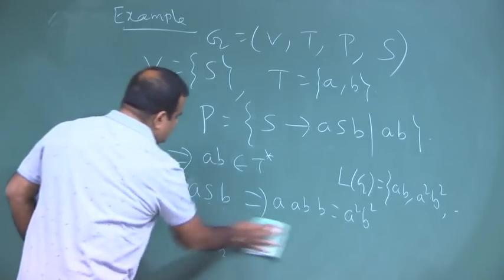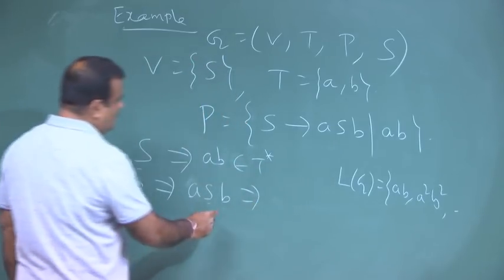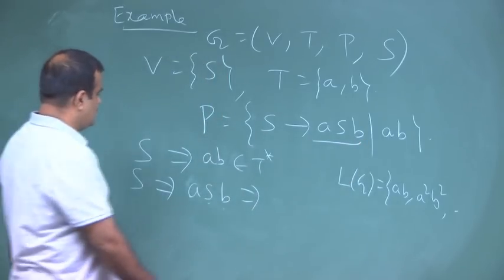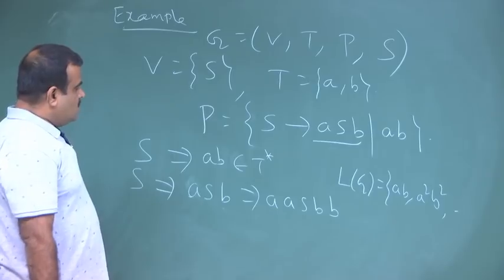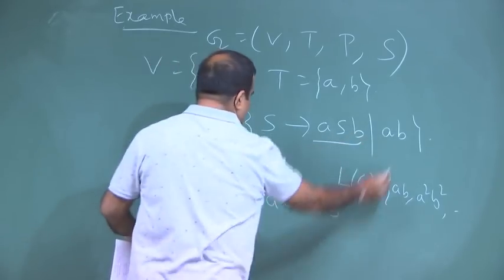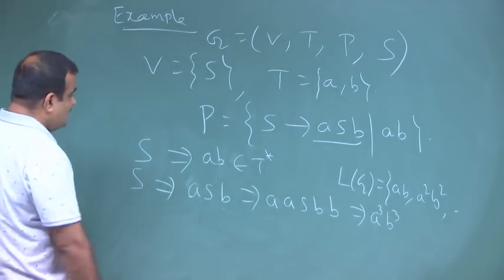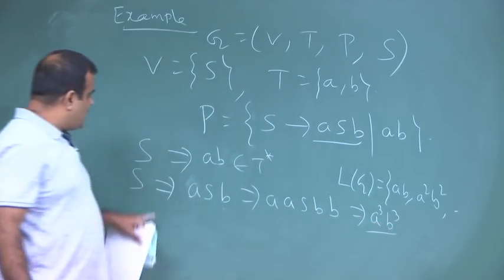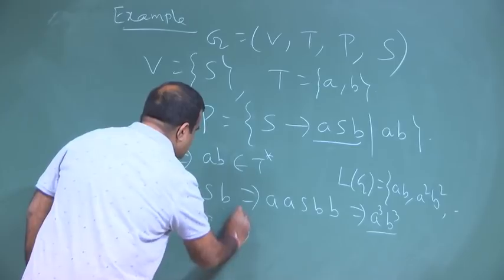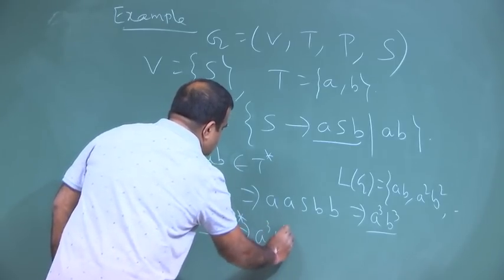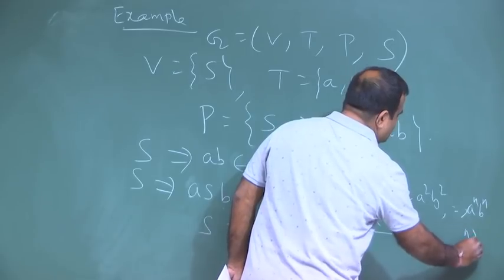Okay. Now, what about next? Instead of applying ab, we can keep on applying the first rule, the first production, again S goes to aSb, and then we can apply S goes to ab, which gives us a cubed b cubed. So, a cubed b cubed is derived from S by applying the rules of G. In general it is a^n b^n, where n is greater than or equal to 1.